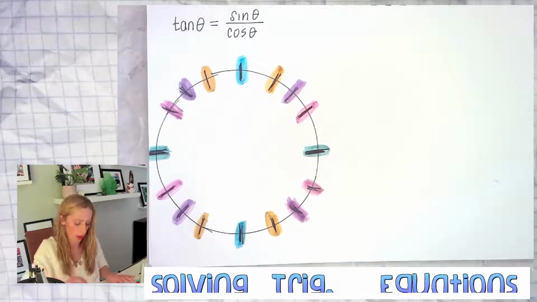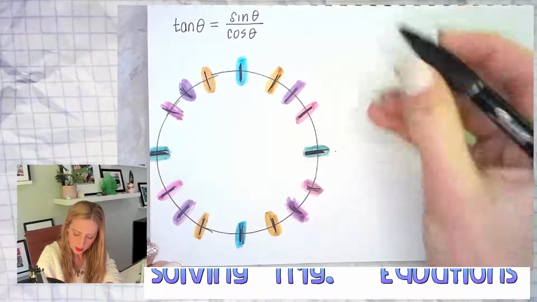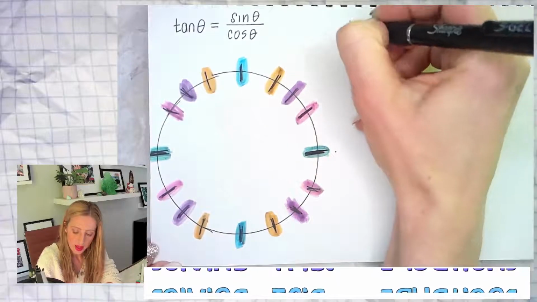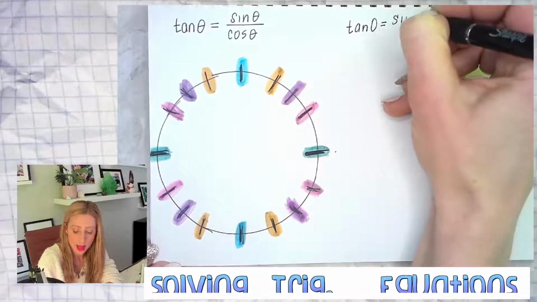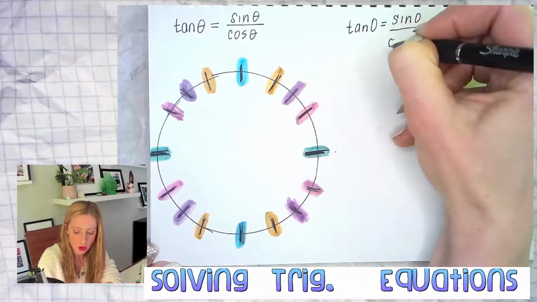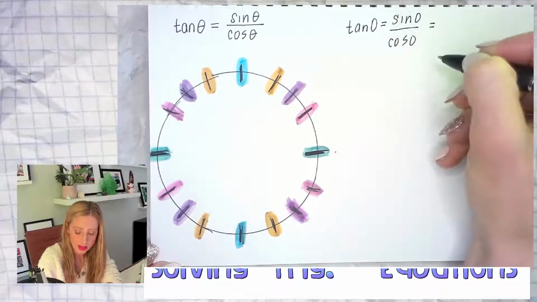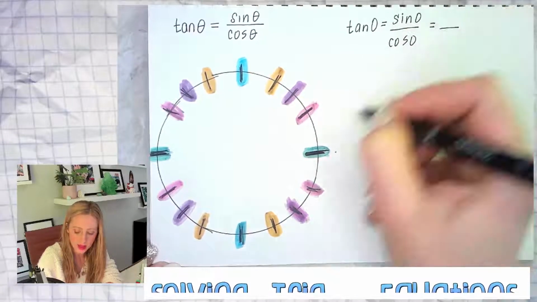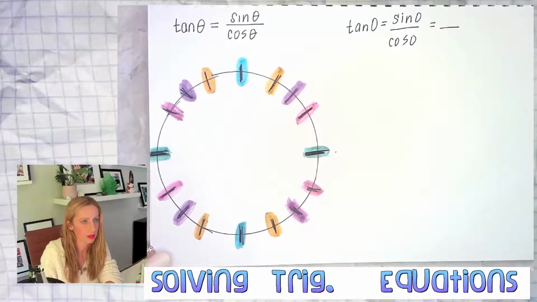Again, I'm not going to label it with all of them, but here, that is 0 or 2 pi. If I wanted to know the tan at 0, it would be equal to the sine of 0 over the cosine of 0. That's the y value at 0 radians, and that's the x value at 0 radians. What's the sine of 0? You guys could just shout it out if you have that answer in your brain.